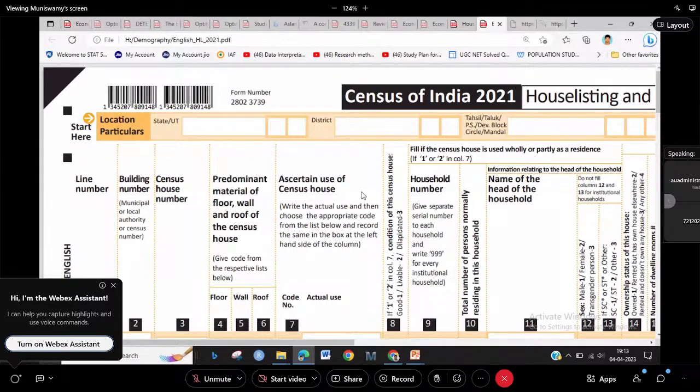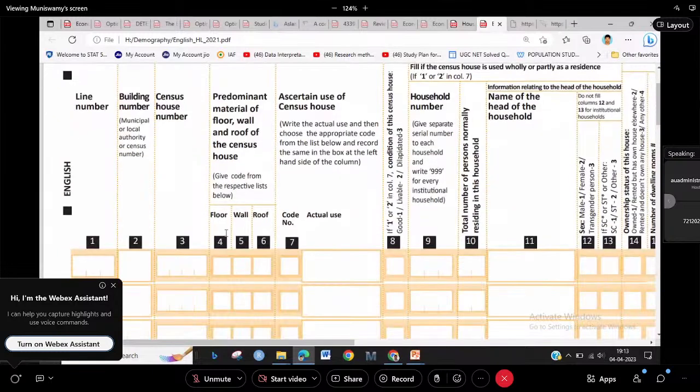To provide health facilities, education, schemes, any incentives, technology, or to sustain our security systems, defense, whatever it is, the data is required.